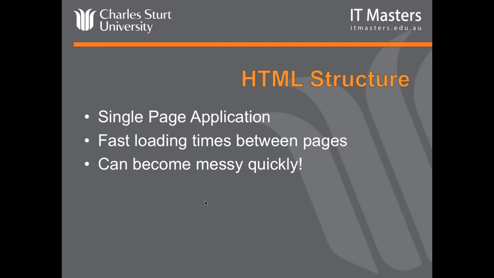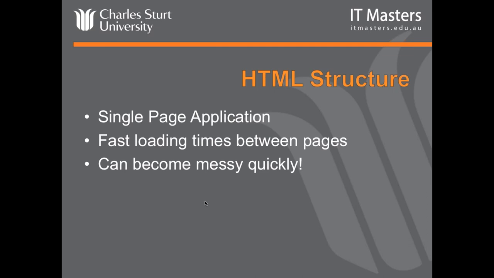So I mentioned that we've got a structure of a single page application. The reason for this is that when the page loads, it's going to load the entire project. It's going to load everything that it needs. Now, that will mean that the initial loading time as the app fires up might be a little bit longer, but it will mean that when we jump in between pages, it will be faster, which is what we want.